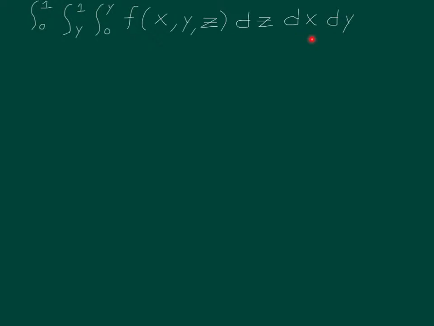And your x variable corresponds to your lower limit of y and your upper limit of 1. And last but not least, your y variable corresponds to the outer integral, whose lower limit is 0 and upper limit is positive 1.